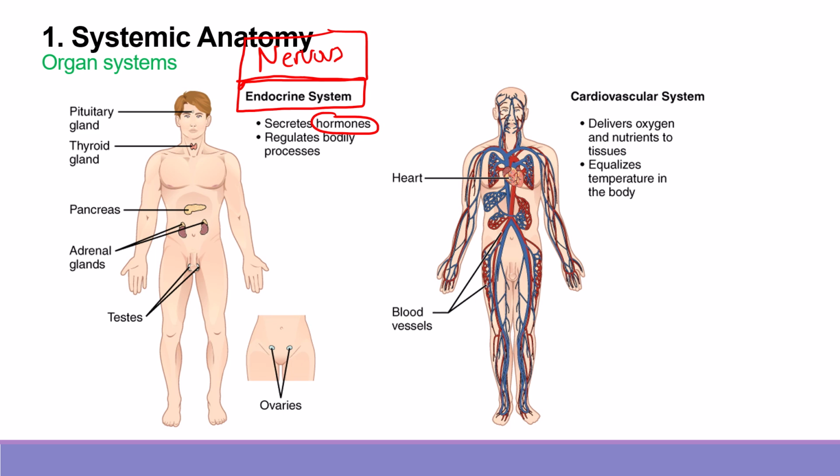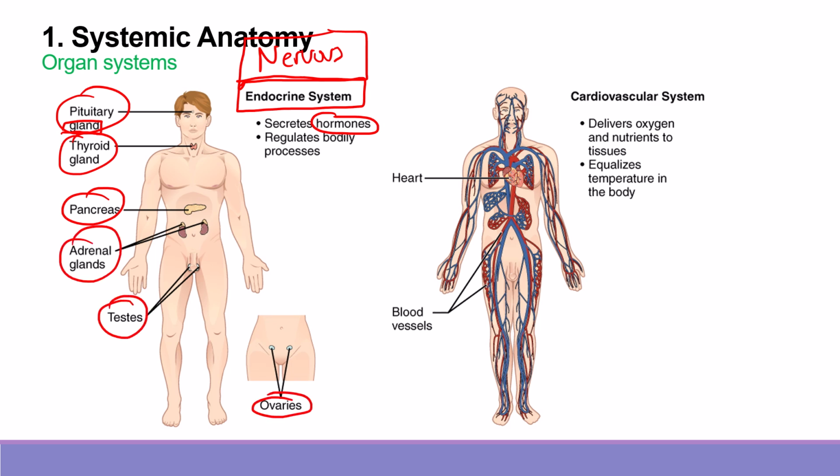The endocrine system is all about glands and their hormones. The glands that you need to know are: pituitary gland, thyroid gland, pancreas, adrenal glands, in the male the testes, and in the female the ovaries. Now, many of these glands have secondary functions or belong to different systems. As an example, we're going to learn the endocrine system, pancreas, and digestive system.